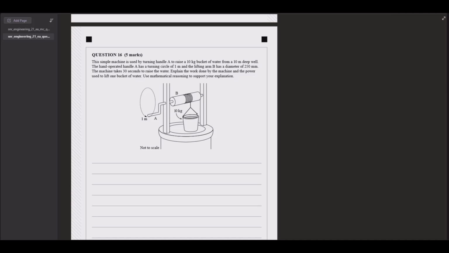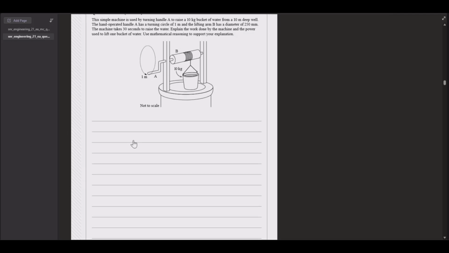Okay, question 16. Machines used. Alright, so the diameter of this rolling pipe here is 0.25 meters.